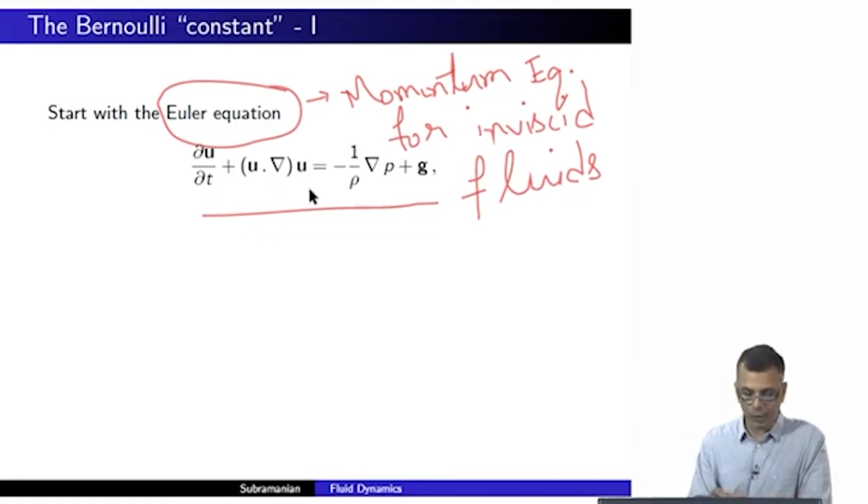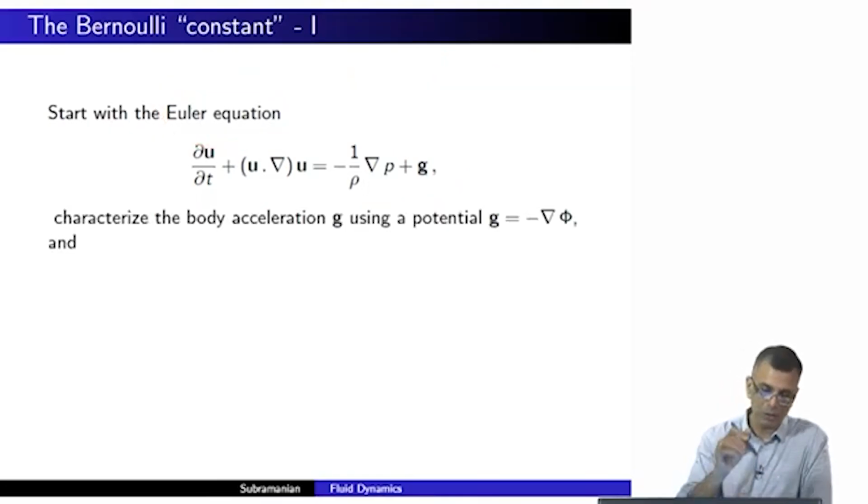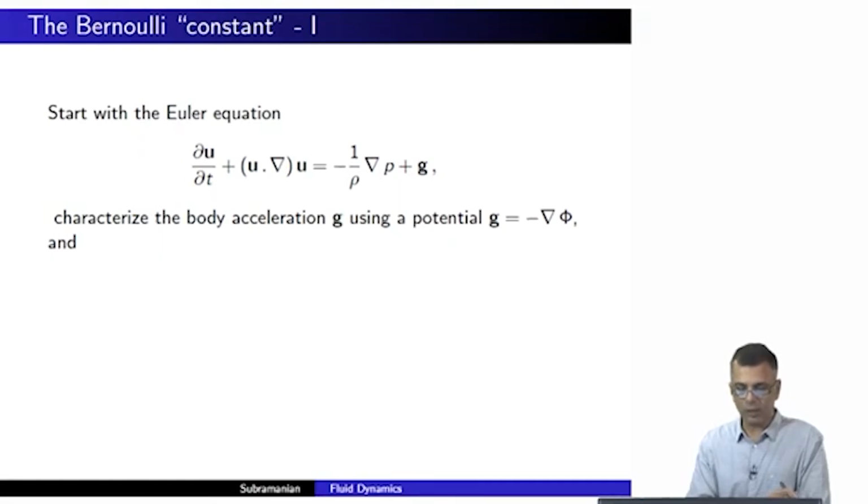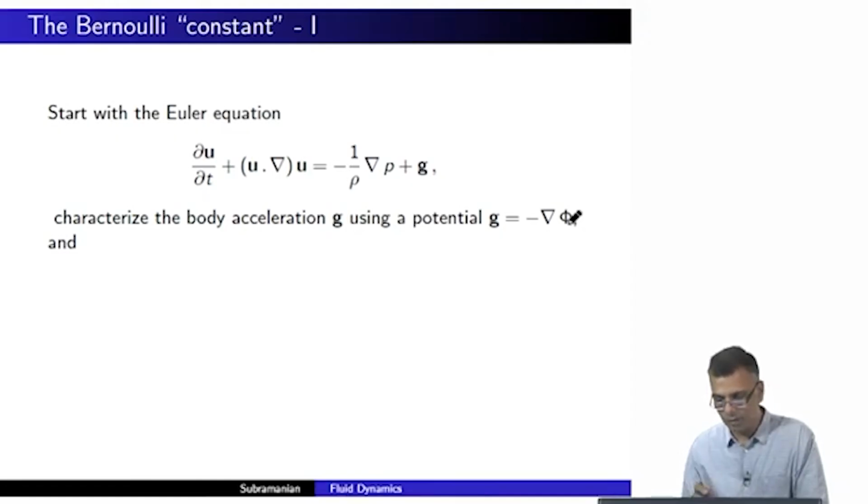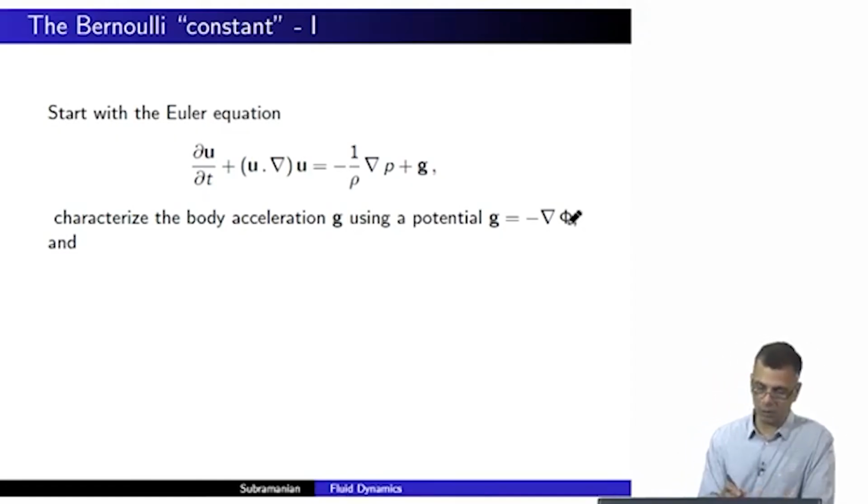The left is ma and the right is f. Two different kinds of f's: these are body forces, these are pressure forces. So let's move ahead. Let us now characterize a body force using a potential. If it's a gravitational potential, then it's easy enough to write. There's a reason. You can already see mathematically, if you write this down as a gradient of a potential, this is a gradient of a scalar pressure and this is the gradient of another scalar field, so you can absorb both the gradients.